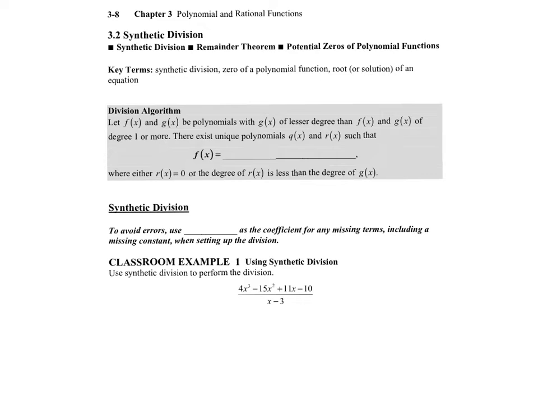So it says division algorithm: let f of x and g of x be polynomials with g of x of lesser degree, so that's the smaller number, than f of x and g of x of degree of one more.